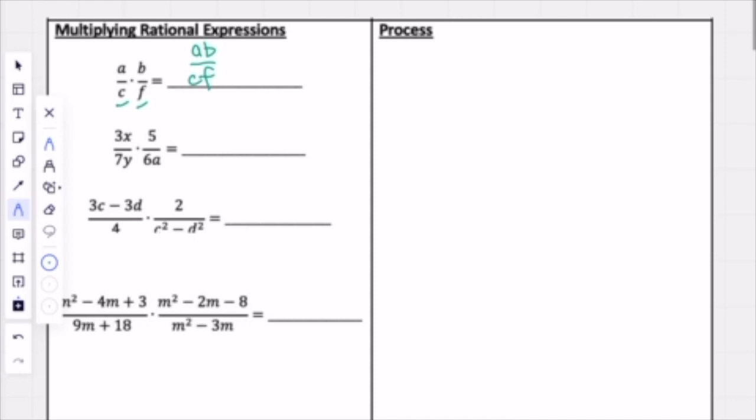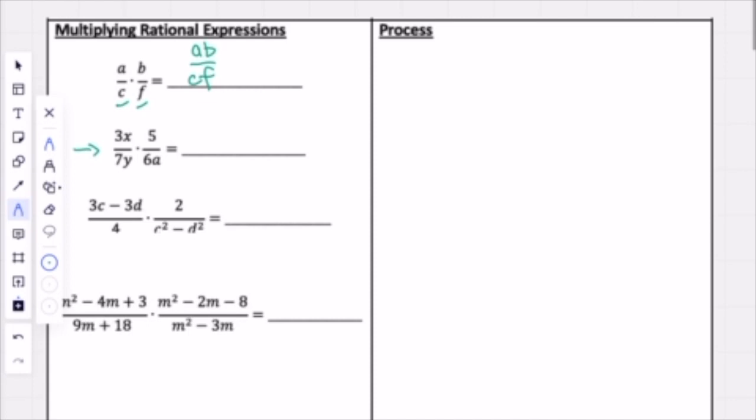In this next example, we have something a little more concrete. We have two fractions, two rational expressions actually, because we have some variables thrown in there as well. There's a couple of different ways and methods to do this. I'm going to show you both, and I'm going to show you the advantages to both.